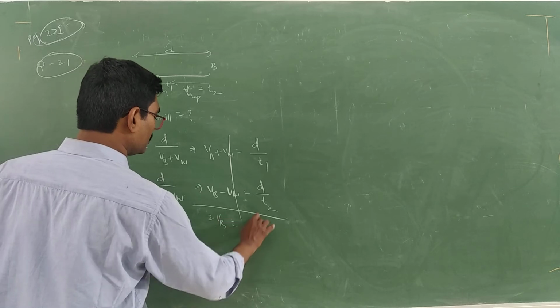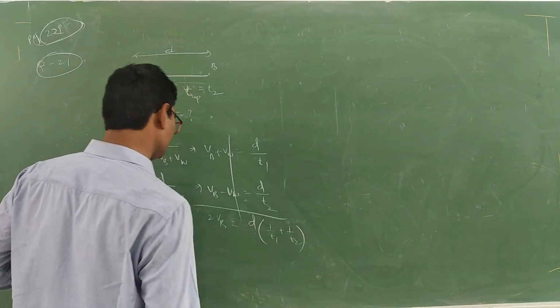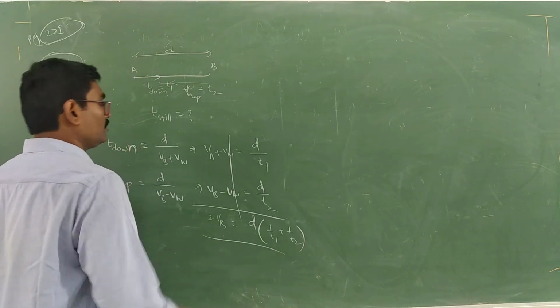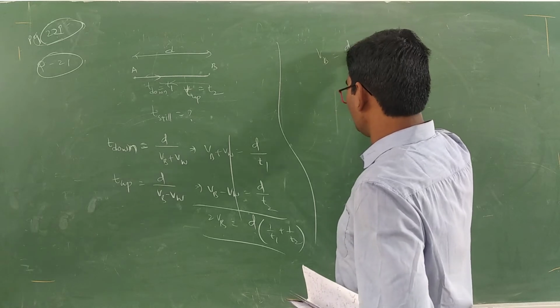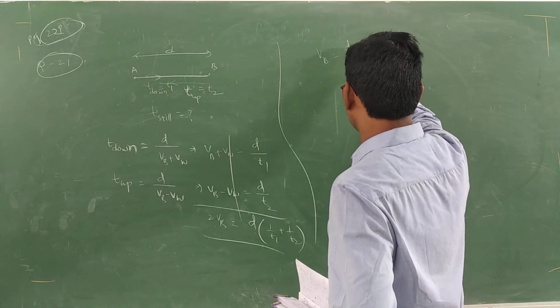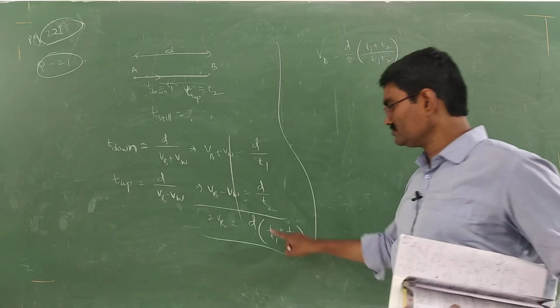So 2VB is equal to D into 1 by T1 plus 1 by T2. Then VB is equal to D by 2 into T1 plus T2 by T1 T2. Correct?